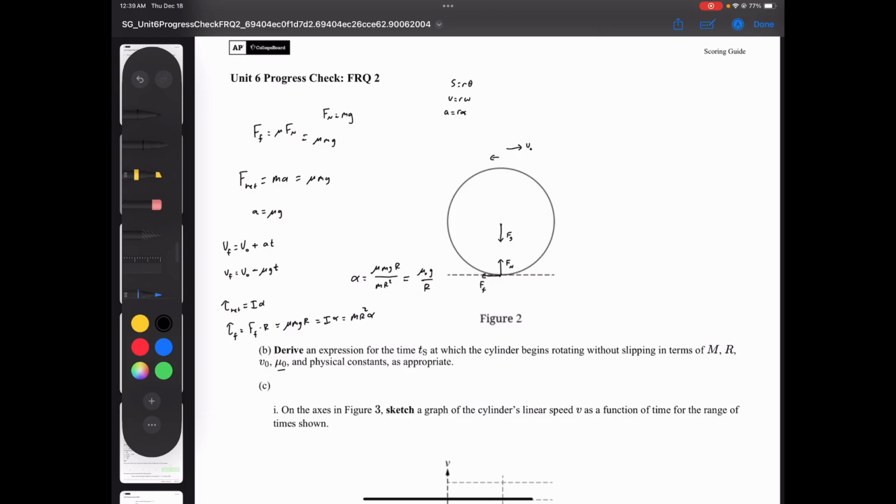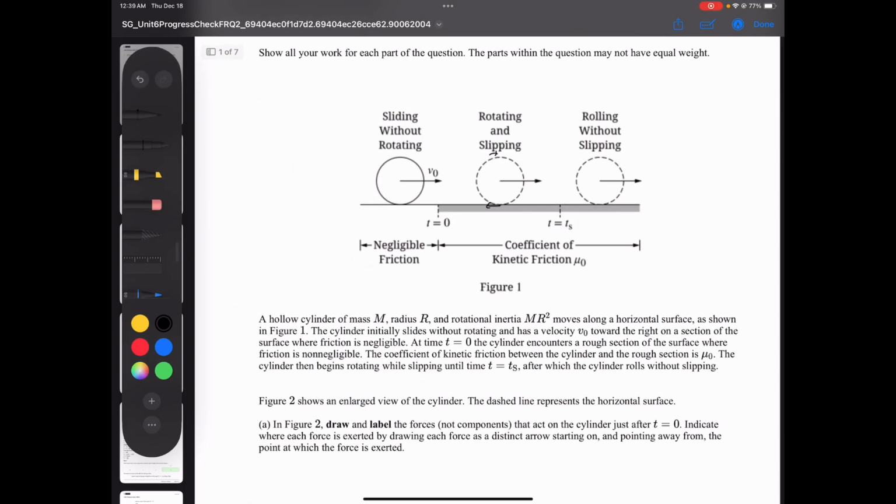But something that's important: this is only true, like v equals r alpha, I'm sorry, v equals r times omega, when it's no longer slipping. So it's when it's rolling without slipping. Basically, if you want to visualize the problem, the cylinder starts with no angular velocity, and then it starts to pick up some angular velocity as the force of friction exerts a torque on the cylinder.